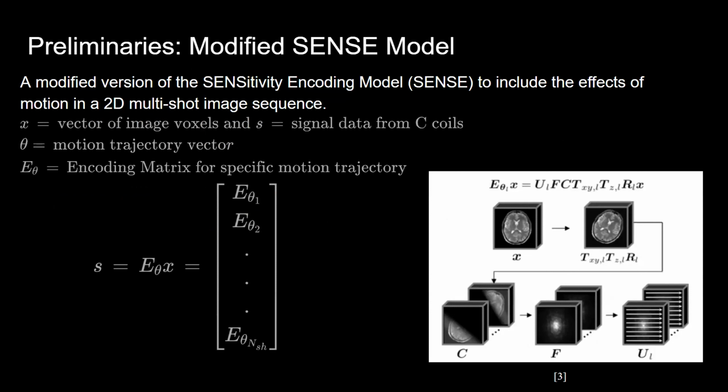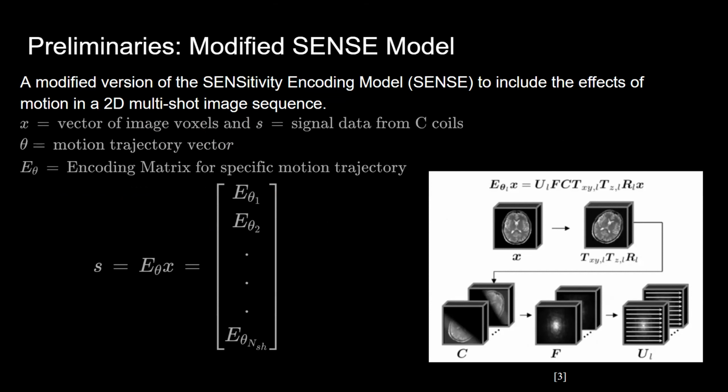Okay, so how it works. The TAMER method uses a modified SENSE model. It looks a lot like the one we've seen in class, but there are some differences. The main difference you can see in this picture is that for each shot of the multi-shot sequence, the submatrix is the encoding matrix, and for a particular shot it depends on a couple of things that might be new.